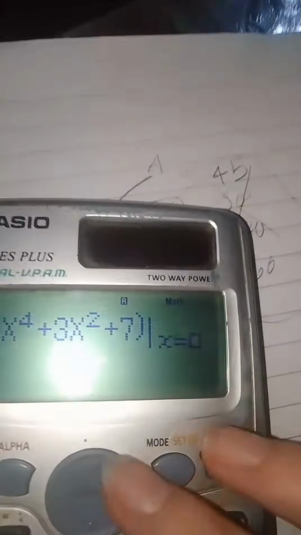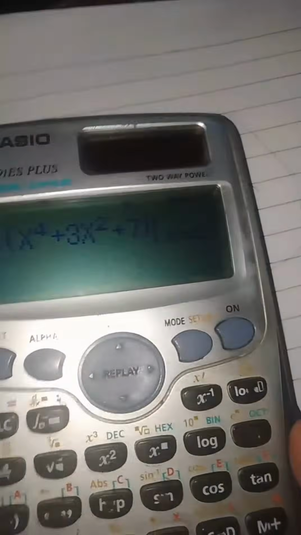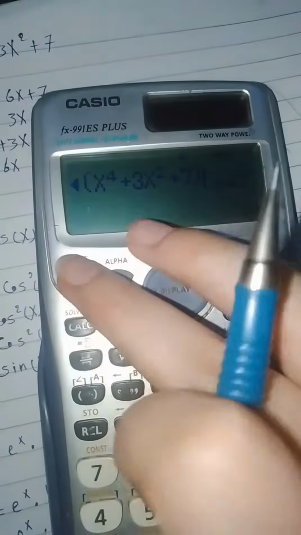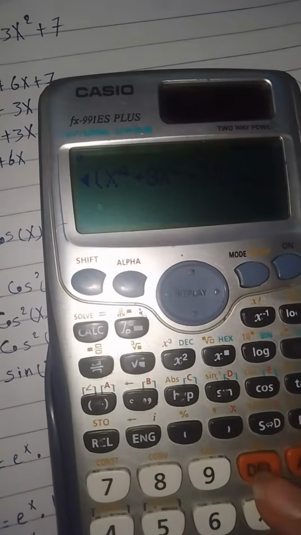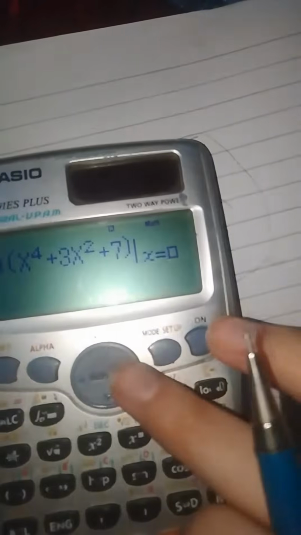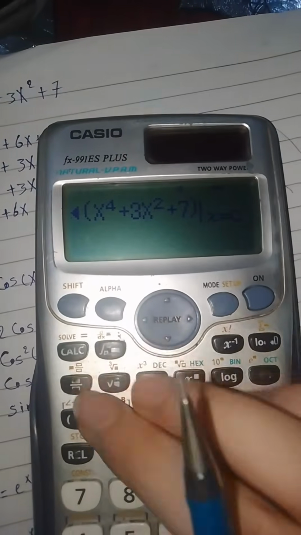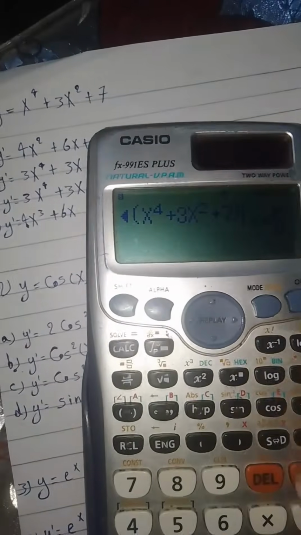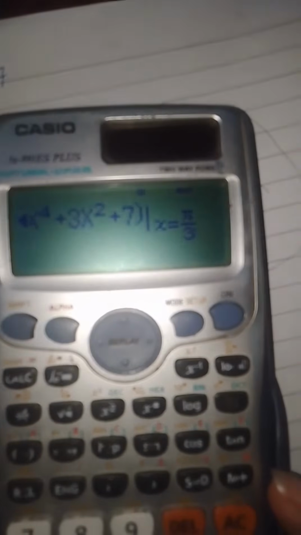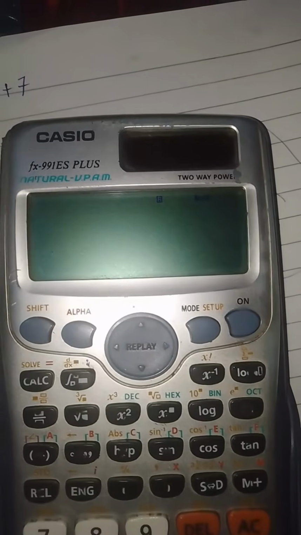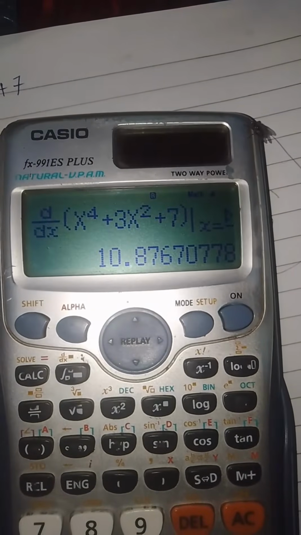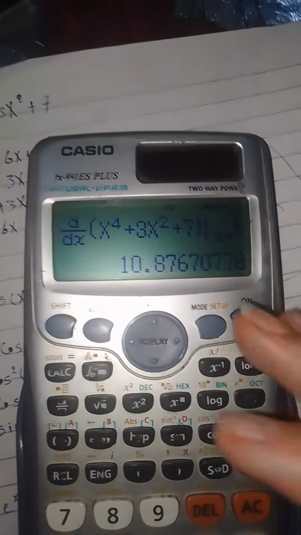All these are good, nice. So here we're gonna substitute with, let's say 60, so it's gonna be pi over 3. So I'll substitute by 60, which is pi over 3, and I'll click answer. So that gives what? That gives 10.87.